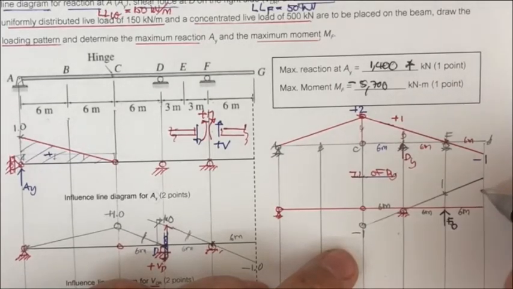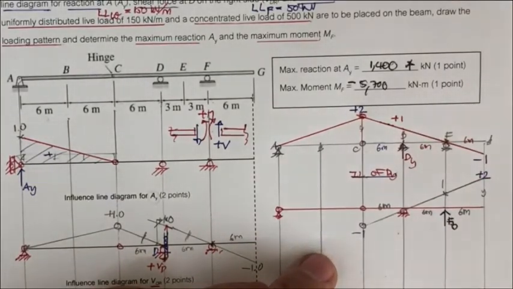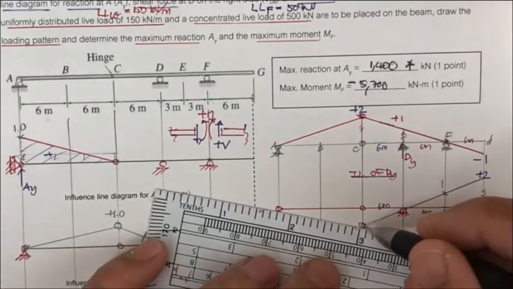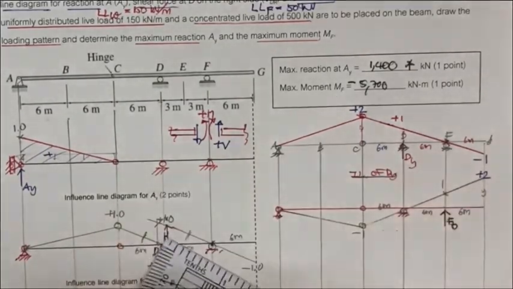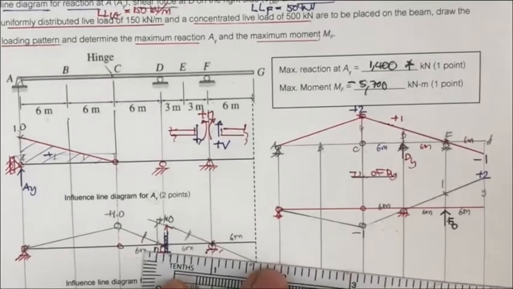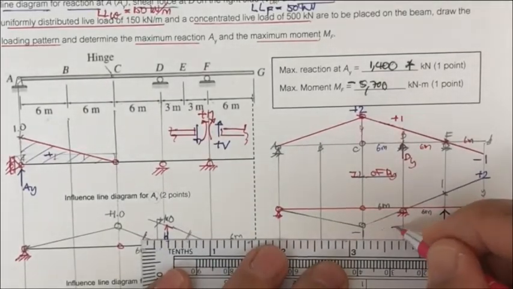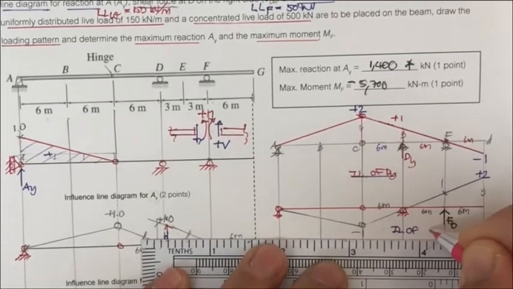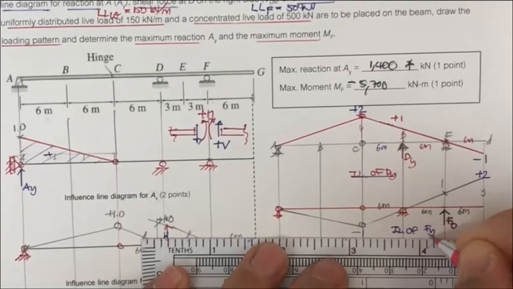This one 1 divided by 12. So this one is going to be +2. Okay, and you have this connection to finish the influence line diagram of F sub y. This is the influence line of F sub y.